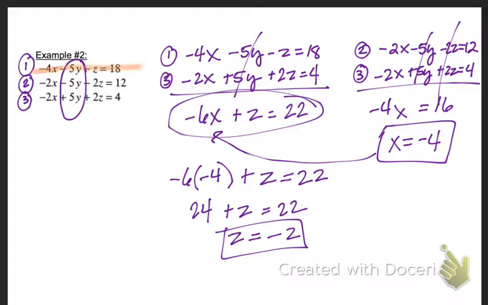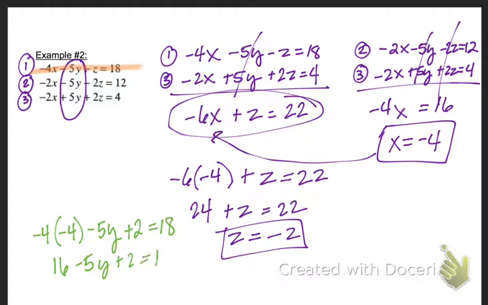Let's just choose the first one. Makes life easy. So -4x minus, is that a minus or a plus? Minus 5y minus a -2. So plus 2 equals 18. So 16 minus 5y plus 2 equals 18.